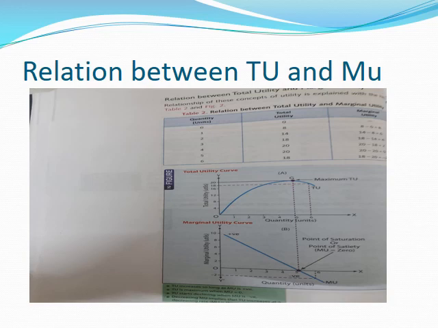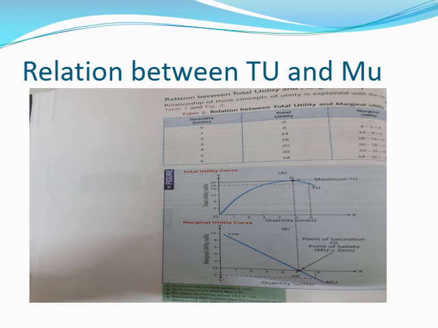Now, let us study the relationship between total utility and marginal utility. We know that as more and more units of a commodity are consumed, the marginal utility derived from each successive unit goes on diminishing, but the total utility increases up to a limit. It is clear from the schedule and diagram. When the marginal utility of the first 4 units is positive, the total utility goes on increasing. Thus, as long as the marginal utility of a commodity remains positive, the total utility goes on increasing.